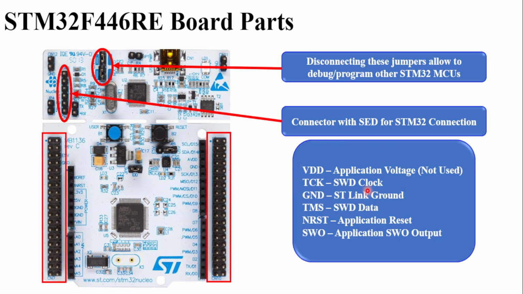Apart from that, we have the VDD for providing the power supply and other pins available for usage. Remember, this section of connectors is known as CN7, connector 7, and this section is known as connector 10, CN10.